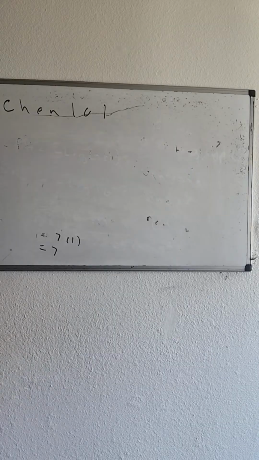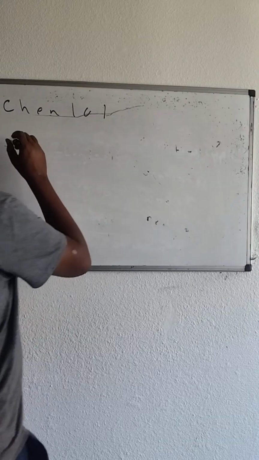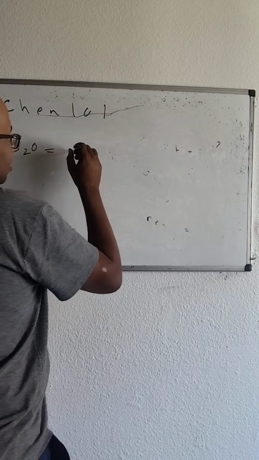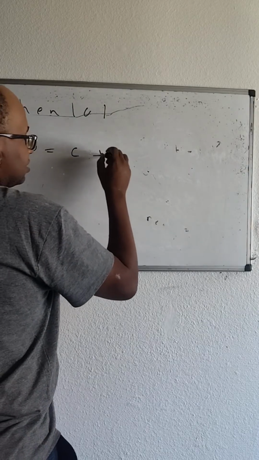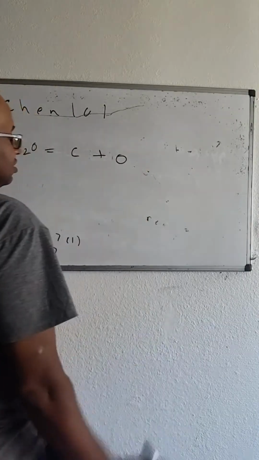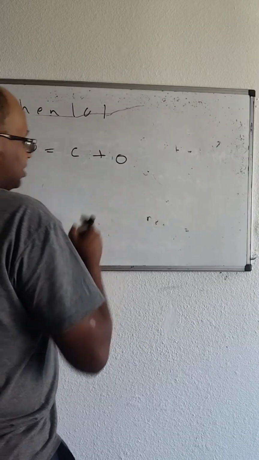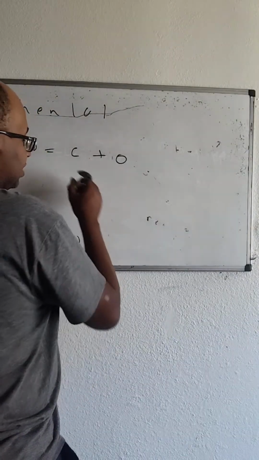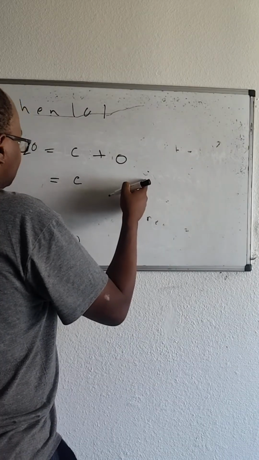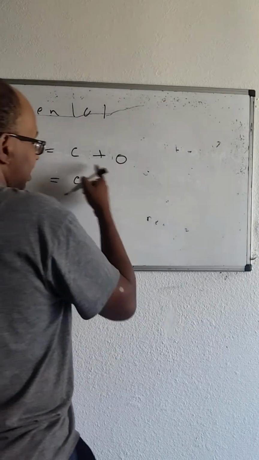So we're going to do a basic balancing of equations, guys. So we're going to do C2O equals C plus O. So what we need to do to keep this balanced, C is good, and we have 2 oxygens, right?